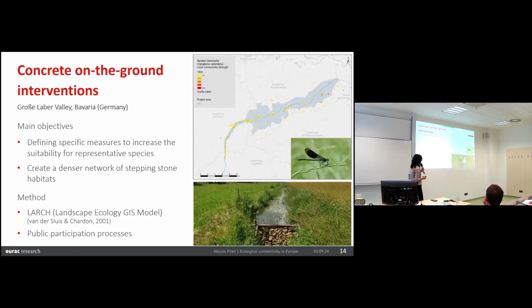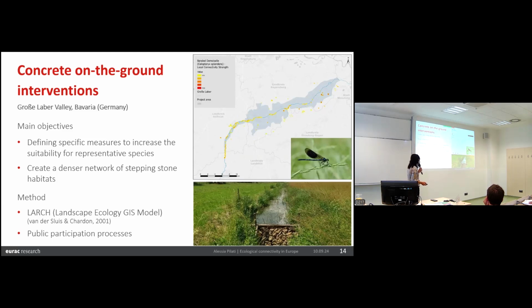In this way, we could understand better how these habitats are connected and where the specific areas are that could be used for the interventions and implementation of on-the-ground measures.